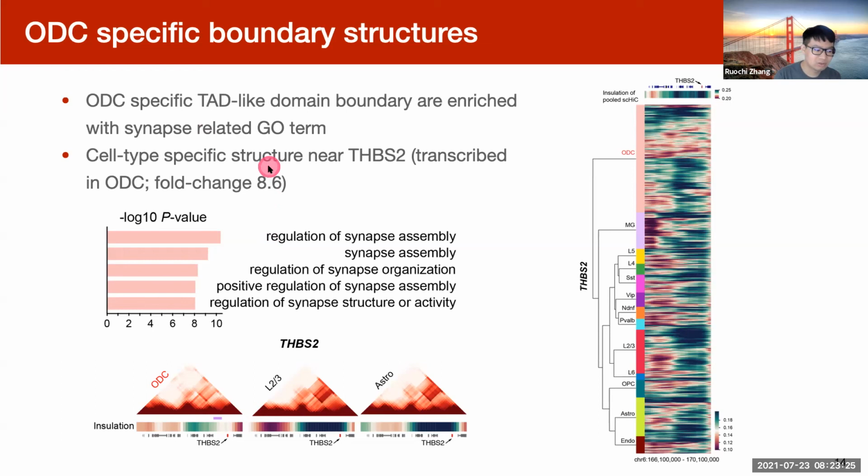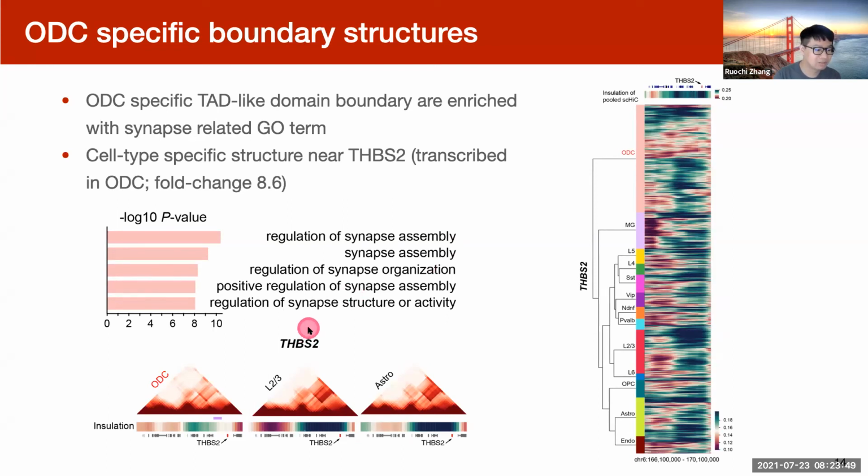This gene is known to be highly expressed in ODC and is key to the regulation of synaptic functions. The visualization of the single-cell insulation scores of this region shows that there are ODC-specific domain structures in a proportion of the ODC cells near this region, which can also be confirmed by the contact maps.